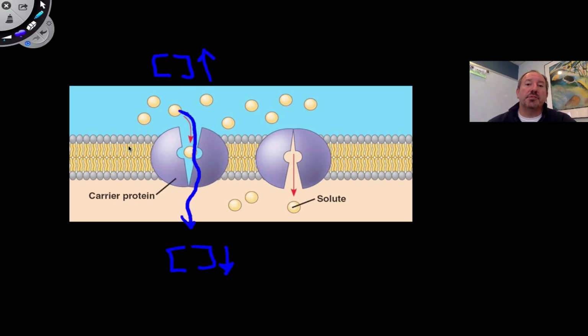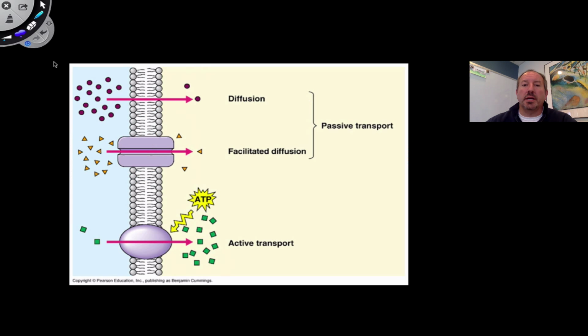That's passive diffusion. No energy is needed. But there are occasions, and the kidney is one of them, where the cells want to pump molecules from low concentration into high, and that would require energy because it's against the concentration gradient. Let me just refresh you on that.